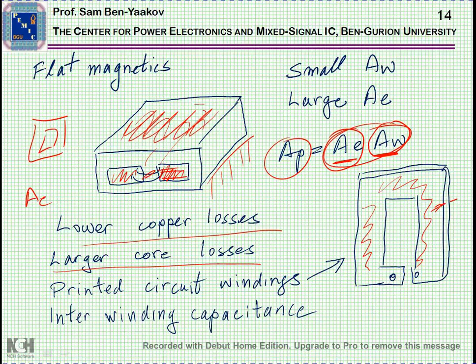The downside of these flat magnetics transformers is that there is a much larger interwinding capacitance because of the close proximity of the windings to one another and the large area that you have here. However, flat magnetics are really very useful at very high frequencies, and they are now becoming very popular.